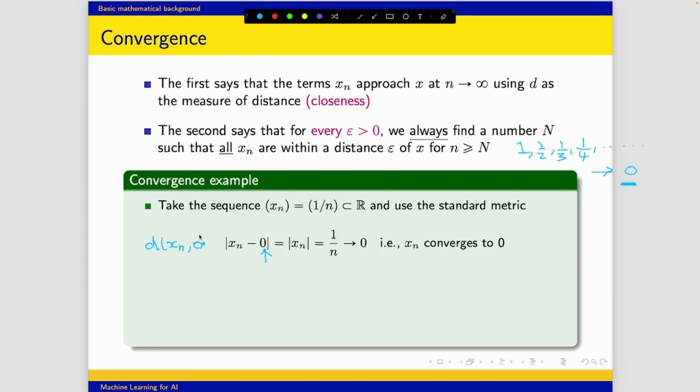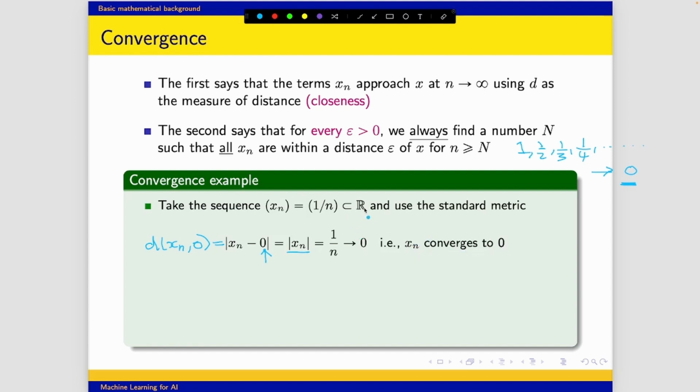The distance between xn and 0 is given by our standard metric, the absolute value between xn and 0, which is just the absolute value of xn, which is just 1 over n. And that clearly is approaching the value 0. So this distance is approaching 0 as n tends to infinity. So xn is converging to the limit 0.